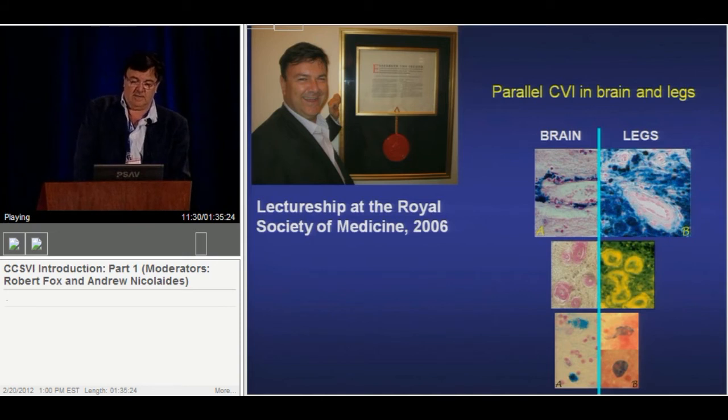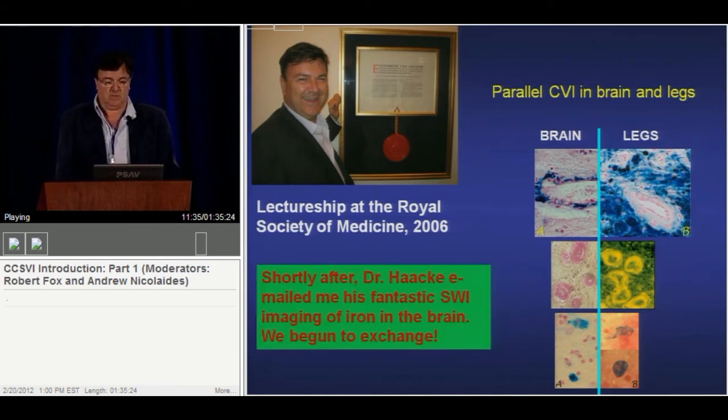And shortly after this, I had a fantastic email from Dr. Haacke, and he showed immediately his fantastic SWI imaging of iron in MS, and from that moment we began to exchange emails.